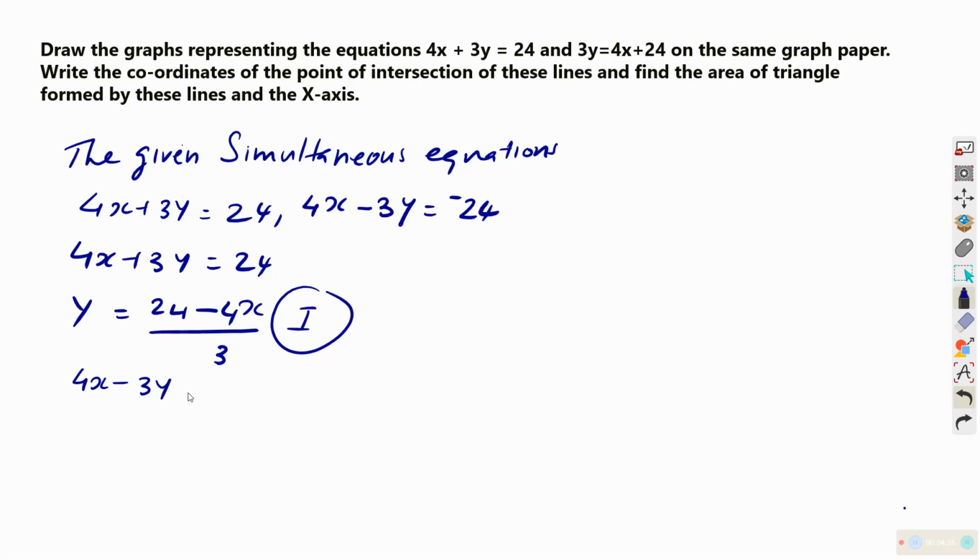We will convert that in terms of y: y is equal to 24 minus 4x upon 3. And in the other equation, 4x and 3y.